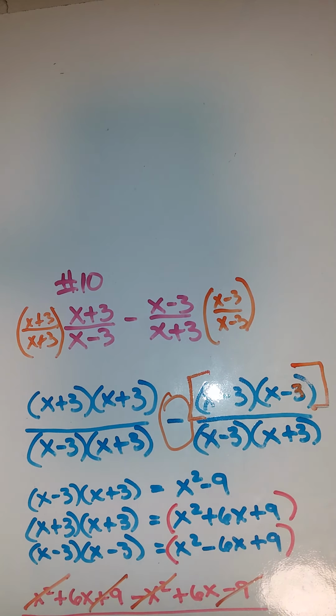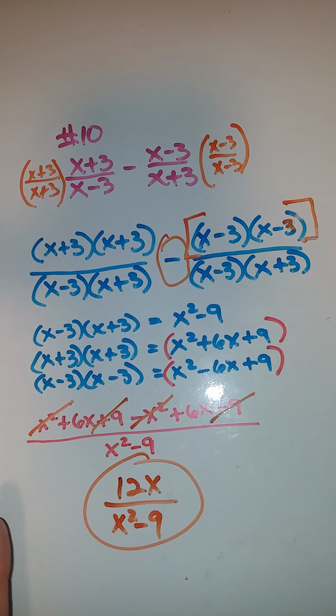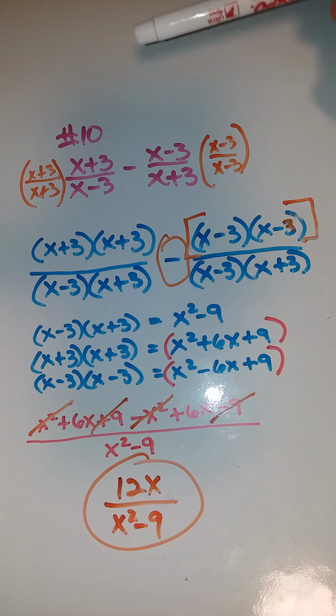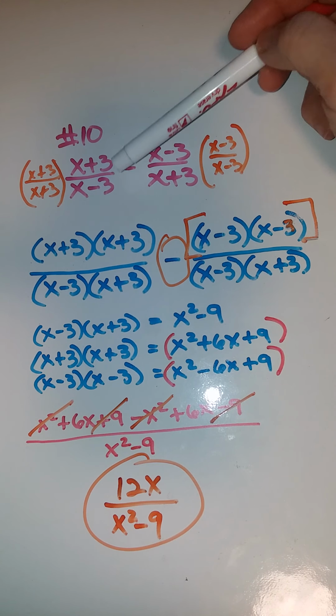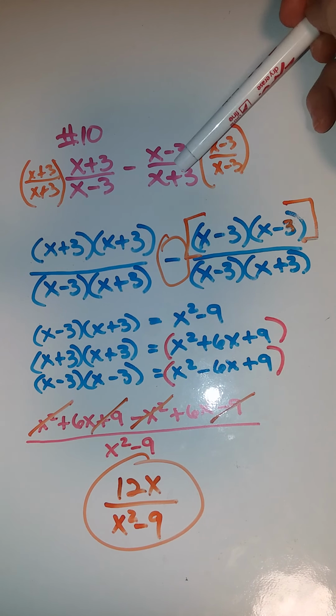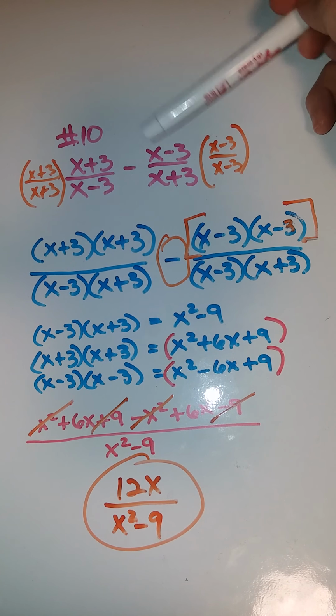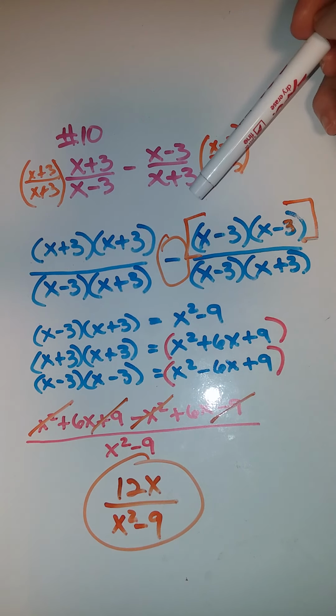Now let's apply it to 7-8 here with one of your problems, problem number 10. So the expression that we have is x plus 3 over x minus 3, and we're taking away x minus 3 over x plus 3. You notice that we have conjugates, but the reciprocal conjugates here.